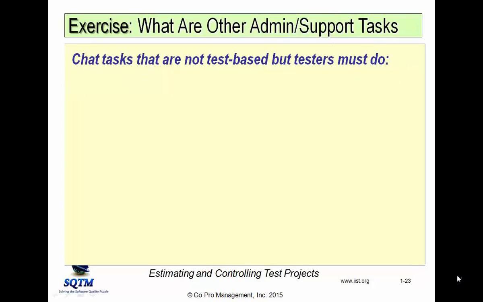But then there are other tasks that are not test-based. Test-based tasks say that if it takes you 10 minutes to run a test and you have 10 of those tests, it's going to take you a total of 100 minutes. But there's this other stuff that's not test-based. Maybe you can think of some other tasks, administrative and support types of tasks, that also have to be done, and the time that it takes to do them has nothing to do with how many tests you've run.